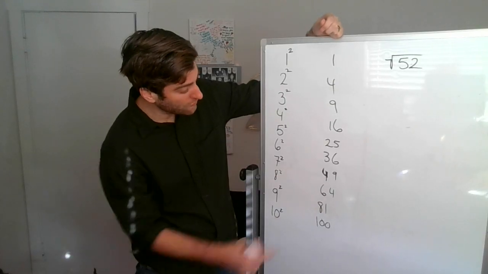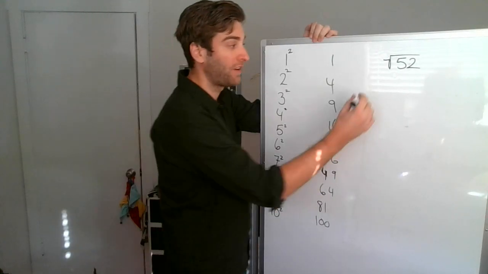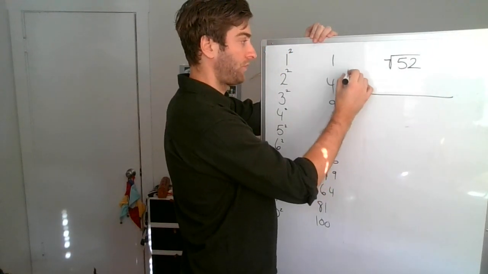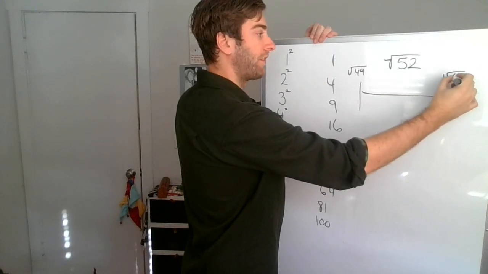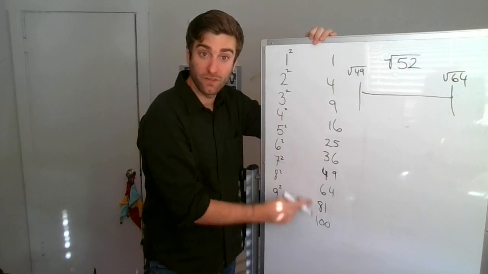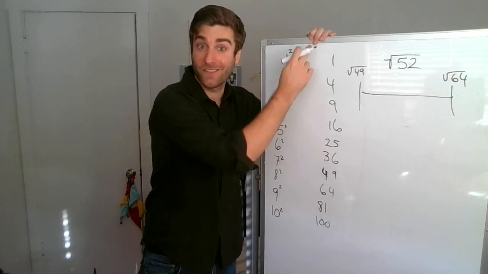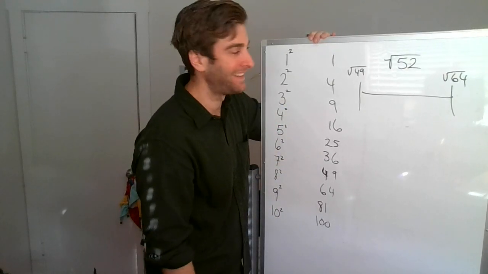Okay. 52, aha, it's right after 49 and before 64. So if I draw my number line, square root of 49, square root of 64. Again, right? Knowing these numbers is going to be super helpful, but always write them down. Always write them down if you don't remember, okay?